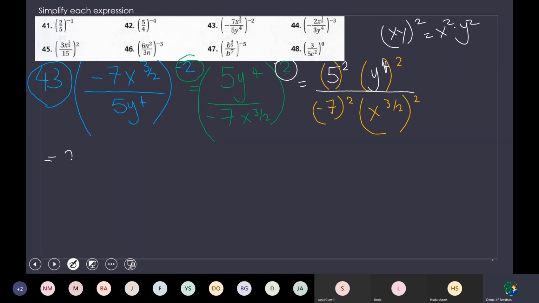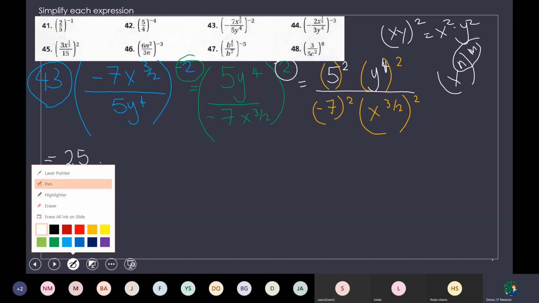5 squared is 25, which is 5 times 5. Here now, you know that also, if we have x to the power n raised to the power m, a power raised to another power, we multiply them. So it will be n times m. So here we have 4.